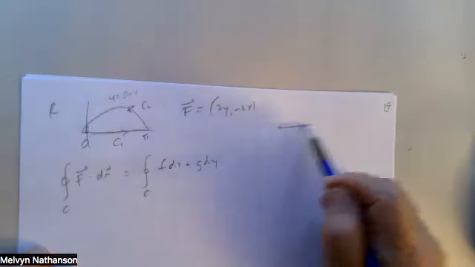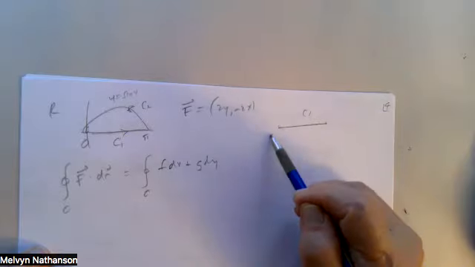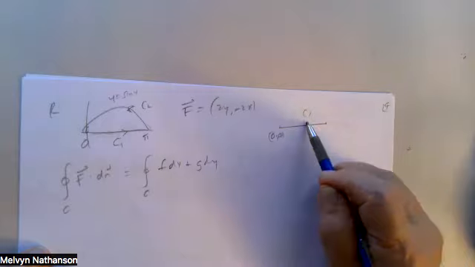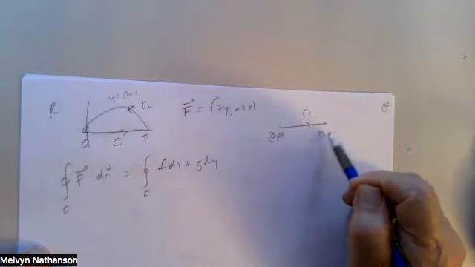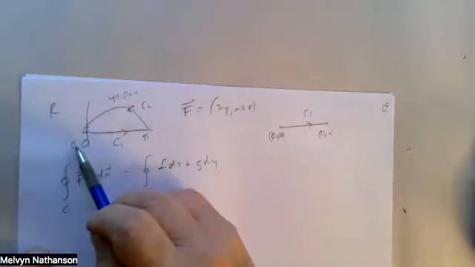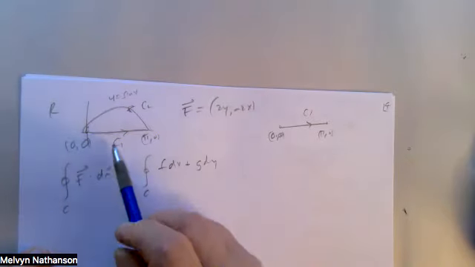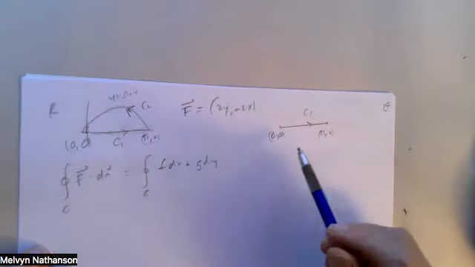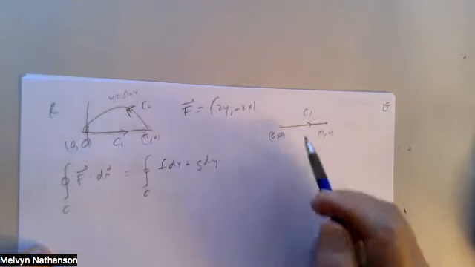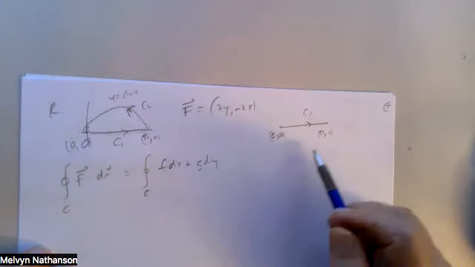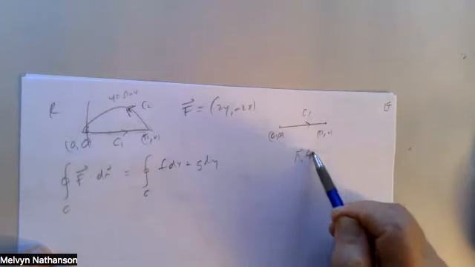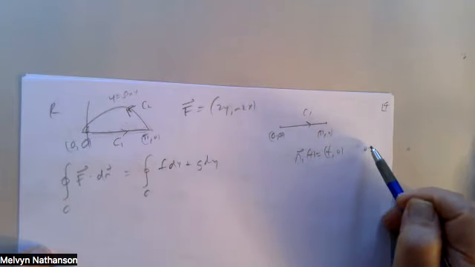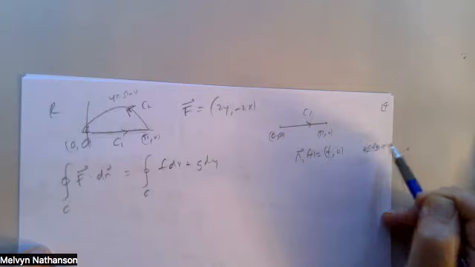So what is C1? C1 is just the horizontal line going from 0, 0 to pi, 0. This is 0, 0. This is pi, 0. C1 is this part of the curve, and C2 is the reverse part. So C1 is easy to describe. Take the function r1 of t equal to t, 0, as t goes from 0 to pi.